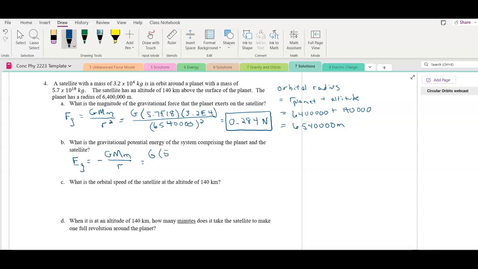Okay, so the same masses that we had before, but now I'm dividing by R, but I'm not squaring it.